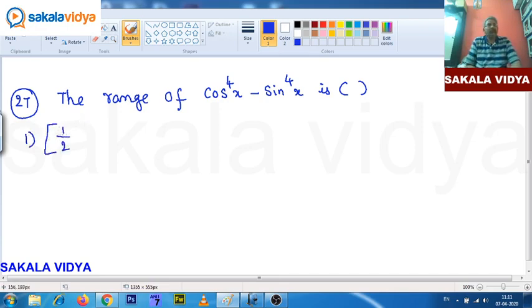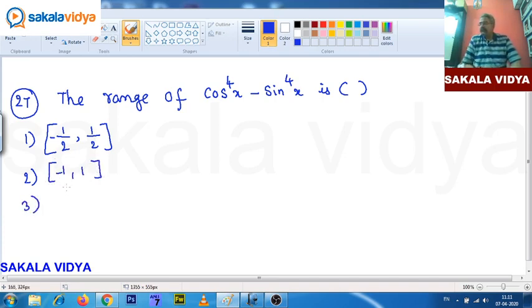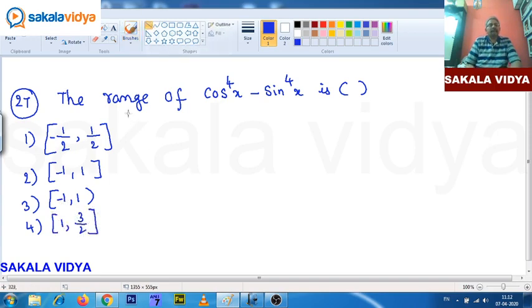The options: first, minus 1 by 2 comma 1 by 2; second, minus 1 comma 1; third, minus 1 comma 1 open; fourth, 1 comma 3 by 2. Okay, this is the problem.